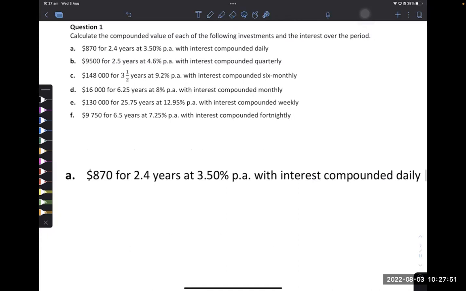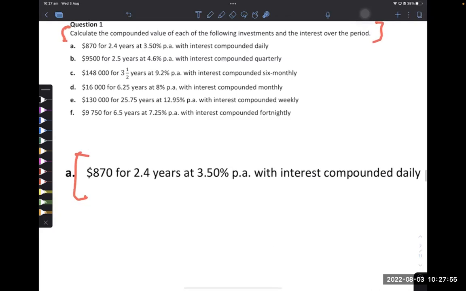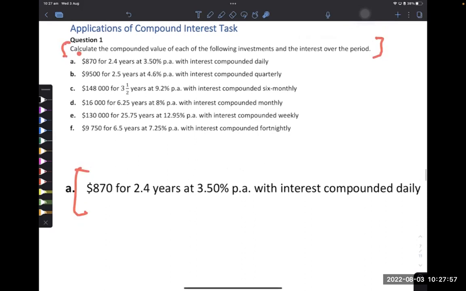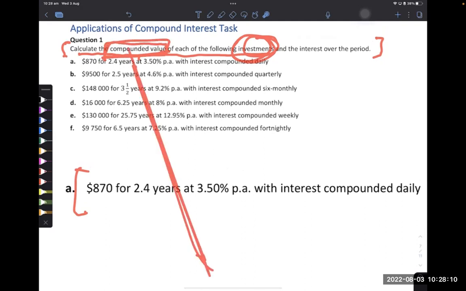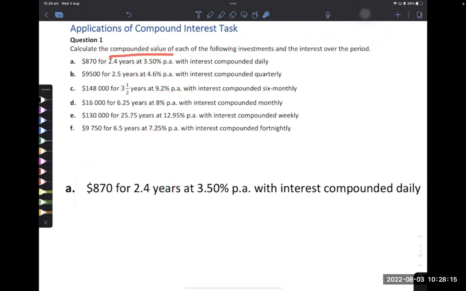Yeah. I'm missing the entire first sentence at the top here. What's it saying? Okay. What does the compounded value mean? What letter is that? A, the total amount, right? We're trying to find the total amount here.